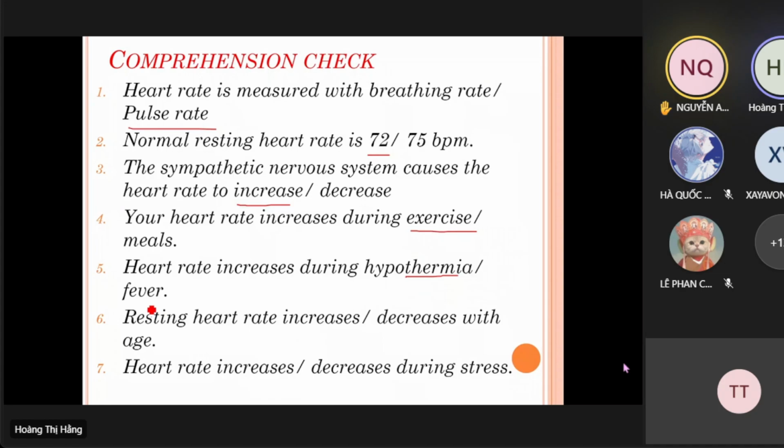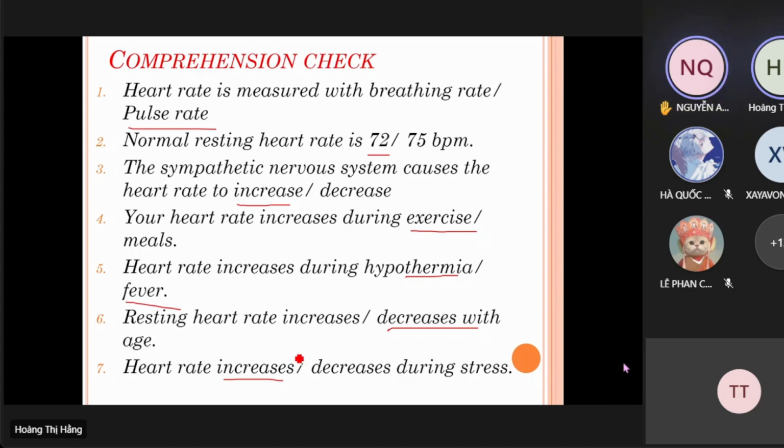Fever. Okay. Sốt. Number 6 is degrees. Are you sure? Yeah. 7. Increases.